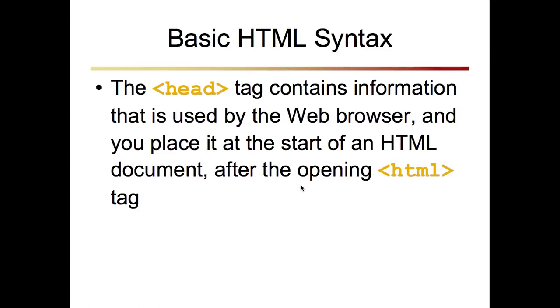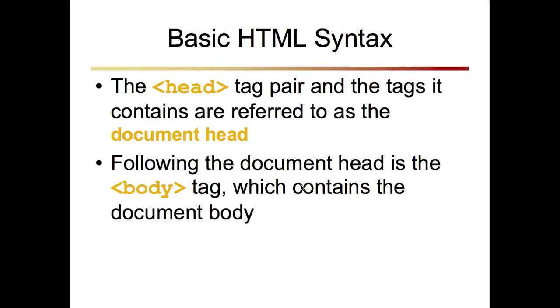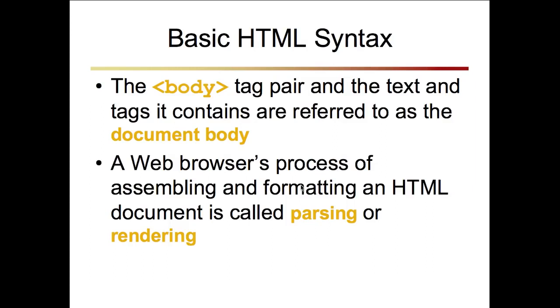So it's placed in between, so they're nested. All these tags are nested, by the way, in terms of how they're being assembled. So the head tag pair and the tags it contains are referred to as the document head. This document head is followed by the body, the document body. And the different parts of the document are in the document object model.